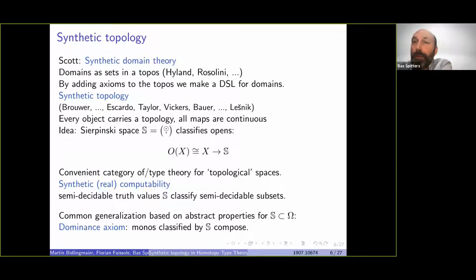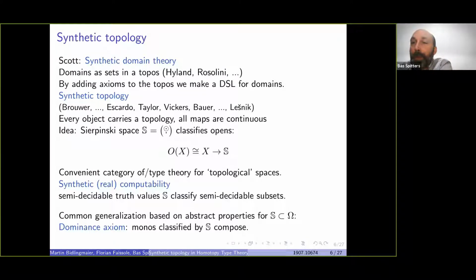Now, the observation that was made and the theory that was developed is that we can actually forget about a topological space as a set together with a structure of open subsets. Instead, we can use ideas from category theory and from programming languages, and actually just work with the lambda calculus.